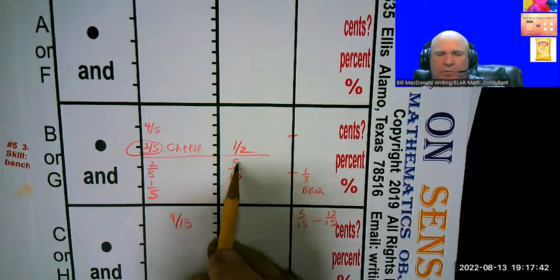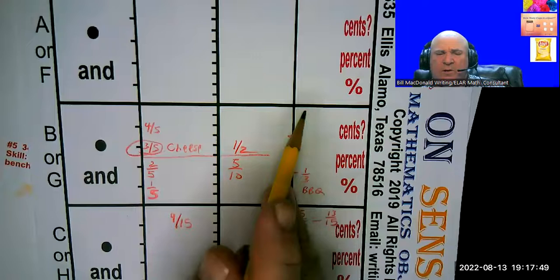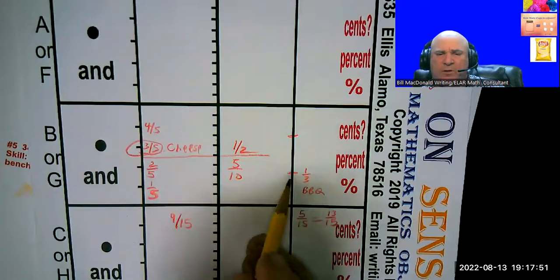And then I went ahead and drew a picture. I just divided that same space into 3 equal parts. So we can say, okay, here's my barbecue. There's 2/3 and there's 3/3.